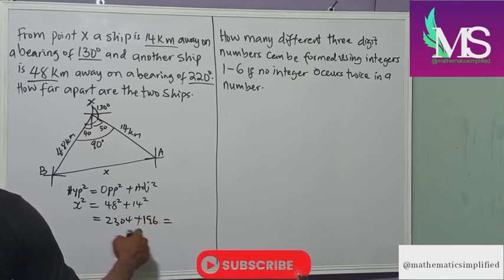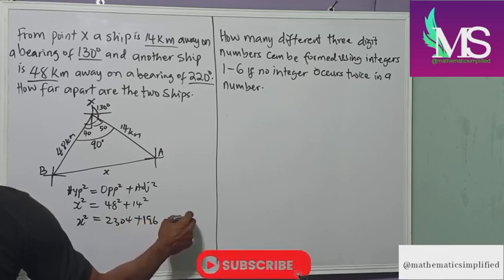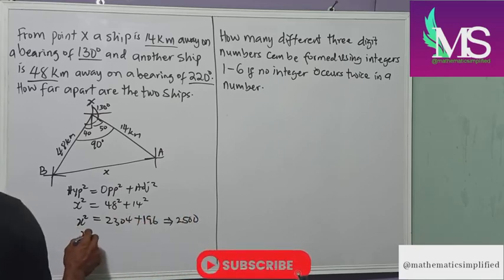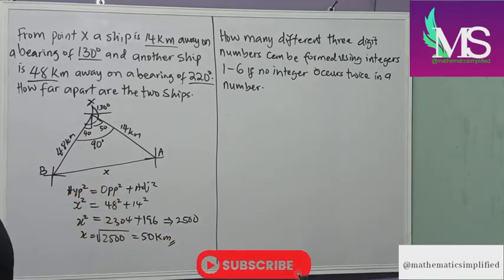So if we add it up, our X squared would give us 2500. So X equals square root of 2500, which is going to be 50 kilometers. So X is 50 kilometers.